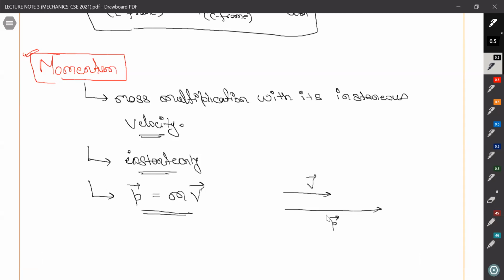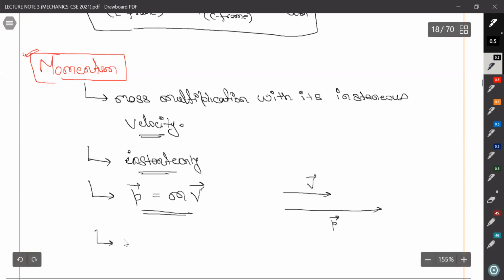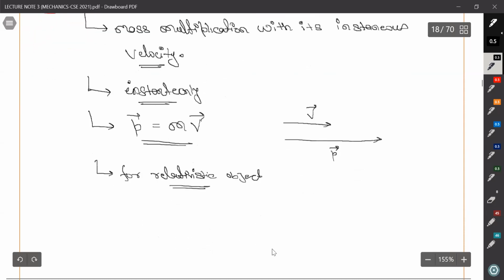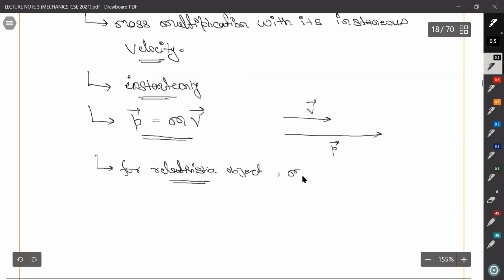Also, we can define momentum for relativistic objects also.